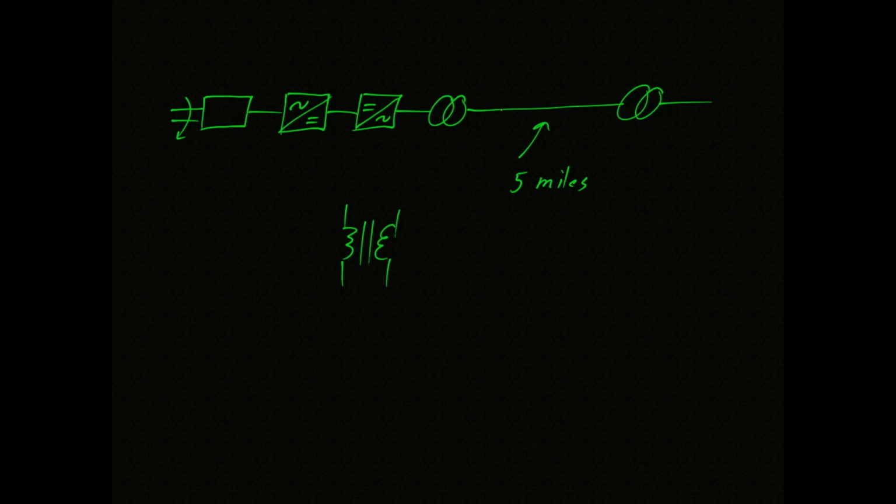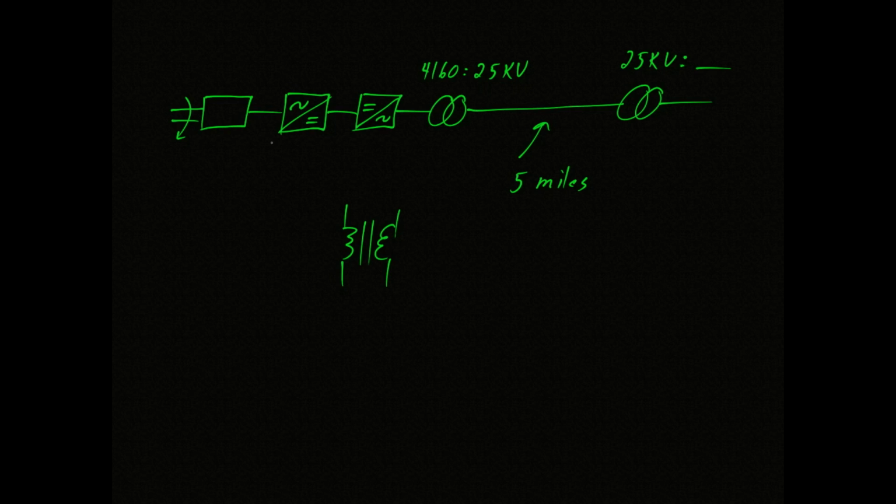And that's the beauty of the transformer. You can take a voltage, such as 4160 on this side, and you can step it up to 25 kilovolts. And then you send it over this 5 miles, and when you get to town, you can drop it from 25 kilovolts down to whatever you need to distribute for the town. And it's these transformers, which only operate at AC, that allow us to do that.